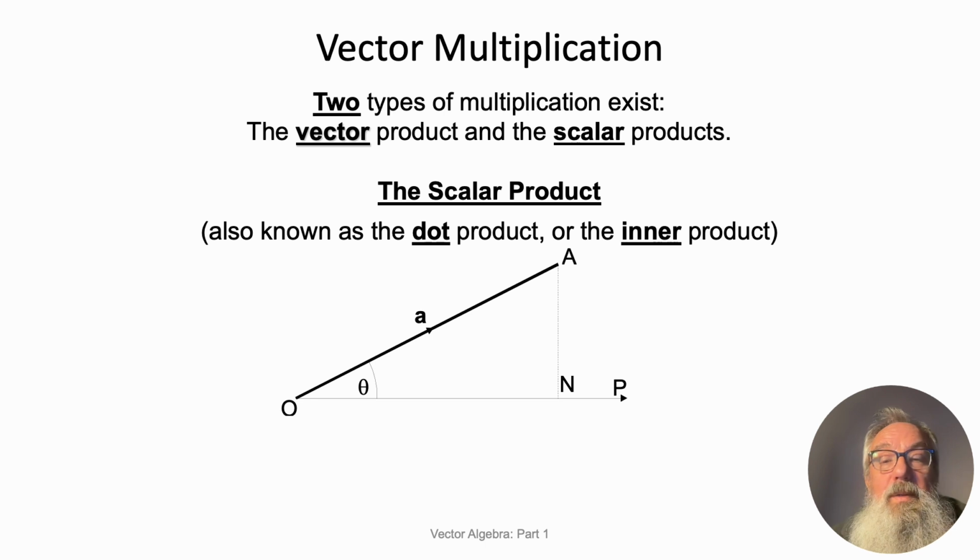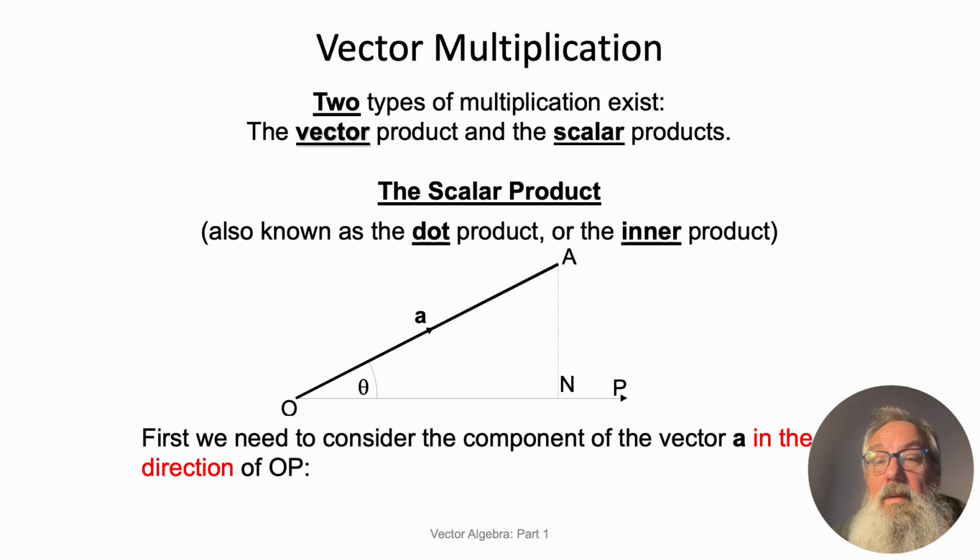One thing the dot product is particularly useful for is to find the component of a vector in a certain direction. So if we see that line A at an angle theta to the axis, what we'll call the OP axis, the component of that vector A along the OP axis is clearly A, the magnitude of A cos theta.